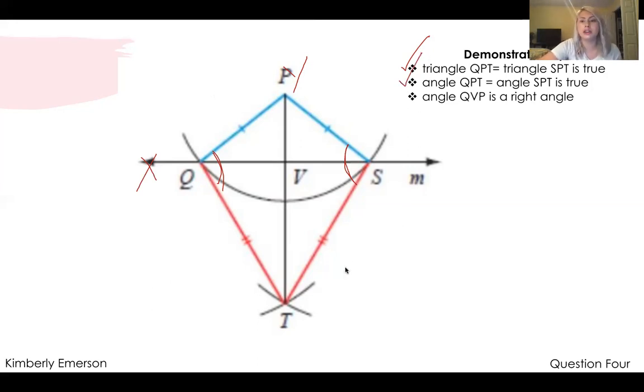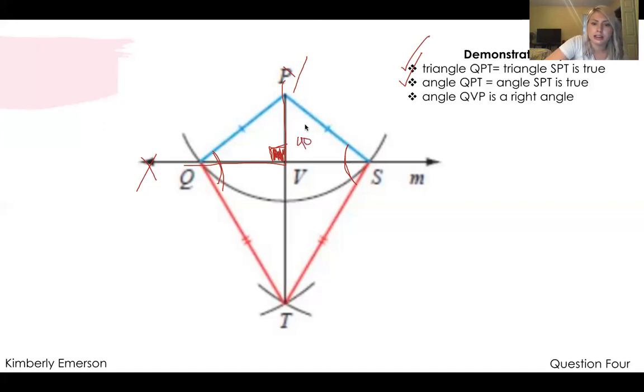And we want to demonstrate how or why angle QVP is a right angle. I'm going to do a little trick that I was taught in school. I'm going to draw a box right here because that solidifies and states that that is a 90-degree angle. This box is representing that the angle is 90 degrees.